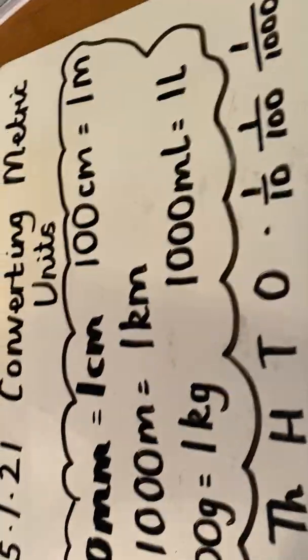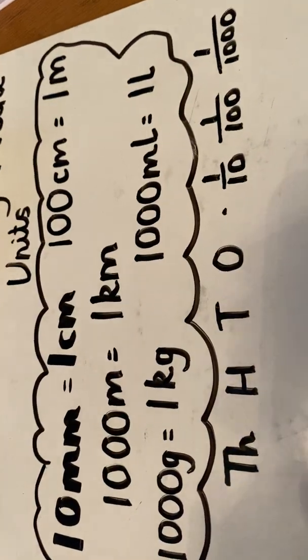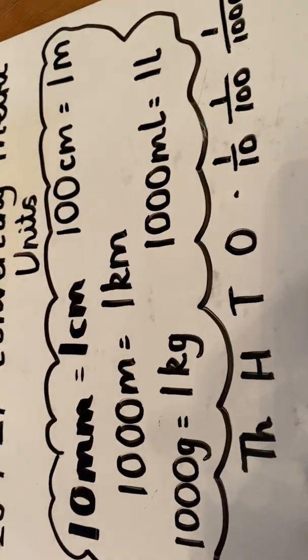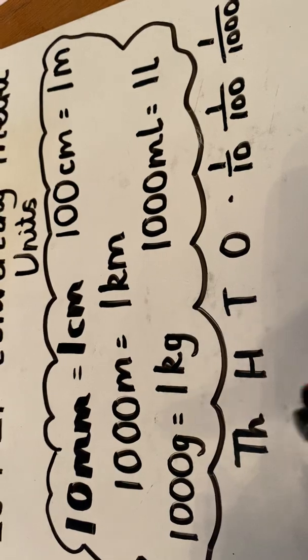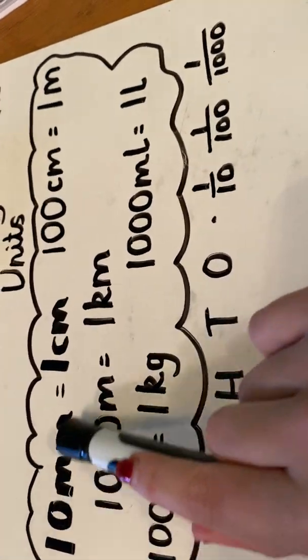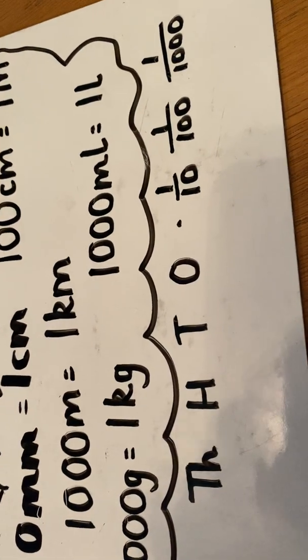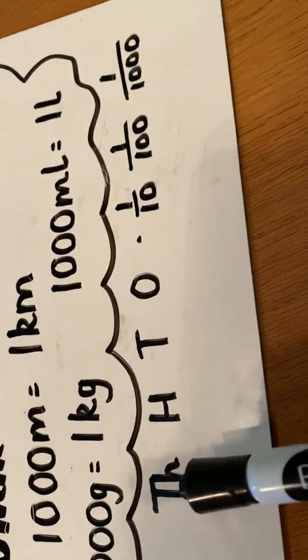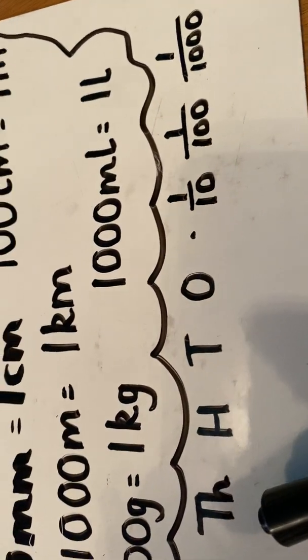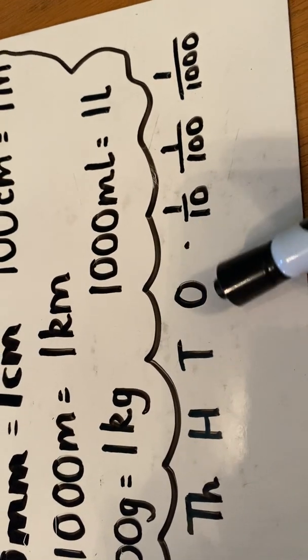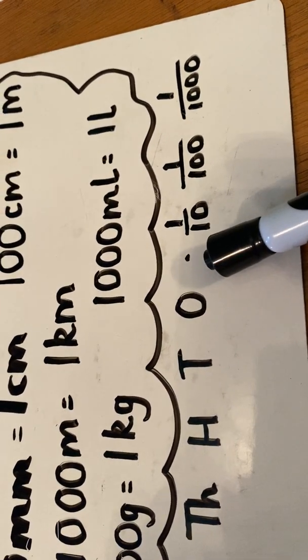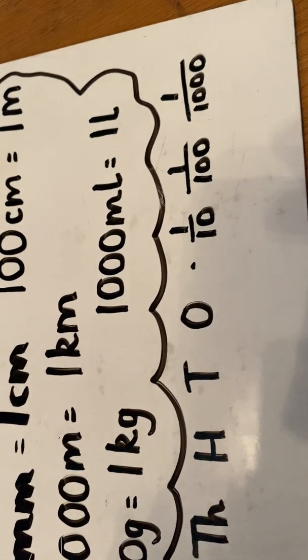Now, we're going to go between them by timesing and dividing by the 10, 100 or 1,000. Remember our method to do that. You need to write out your place value column, so thousands, hundreds, tens, ones, your decimal point, tenths, hundredths and thousandths.